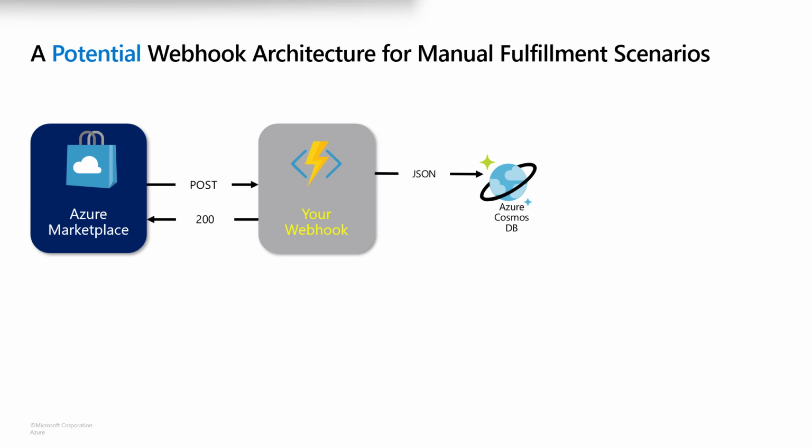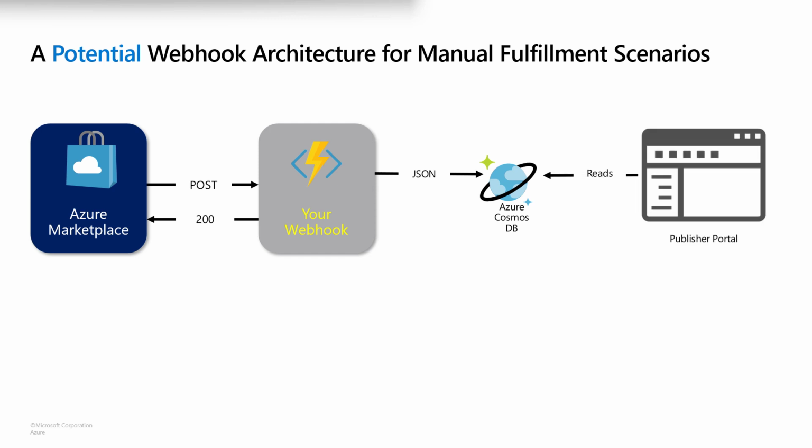From there, the publisher may well build a publisher portal. This would be an internal system that reads from that database and is used to manage subscriptions. Now, it will need to talk back to the Azure Marketplace, and in doing so, it could use the REST SaaS APIs, or it could use the SaaS client libraries.